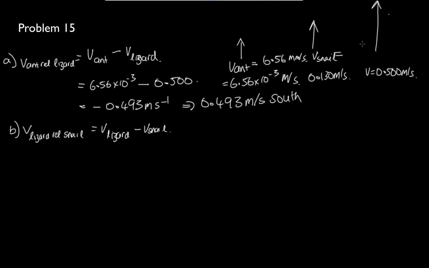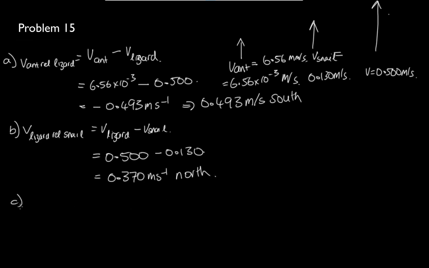It would look like the lizard was getting further and further away from us, but in front, so we'd expect this to be in the north direction. So the velocity of the lizard is 0.500, the velocity of the snail is 0.130, and so solving this on the calculator we get 0.370 meters per second, and as it's positive it's in the north direction.